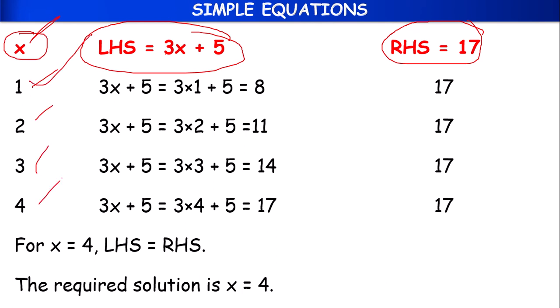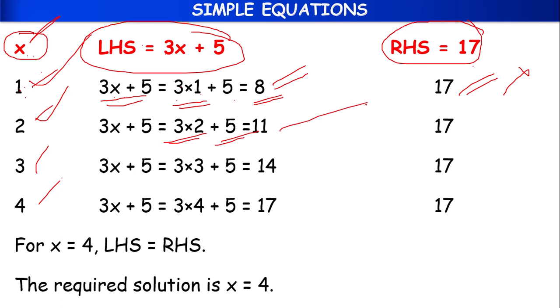Let's start with 1 first. If we keep 1 in the place of x, then LHS equal to 3x plus 5 equal to 3x means 3 into x, which means 3 into 1 plus 5, that is equal to 8. But RHS is 17, they are not equal. If we substitute 2, 3 times 2 is 6 plus 5, 11, RHS 17, not equal, error coming.